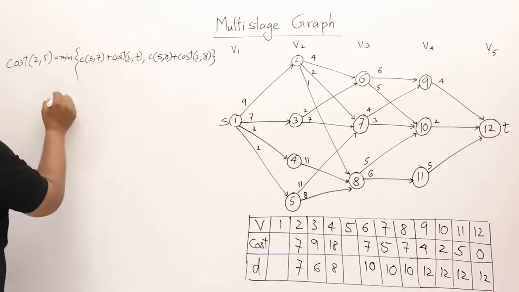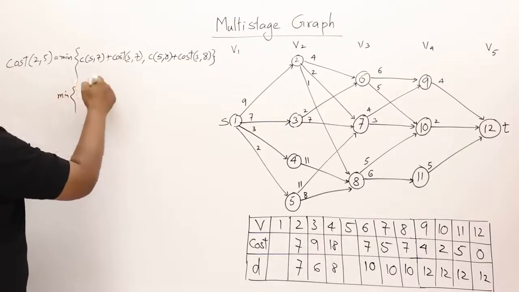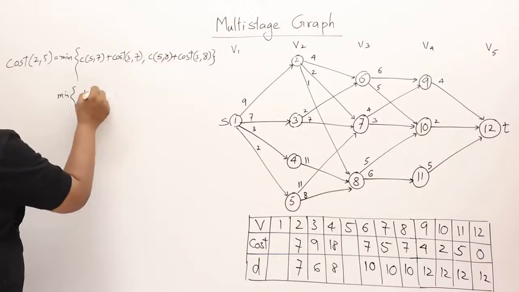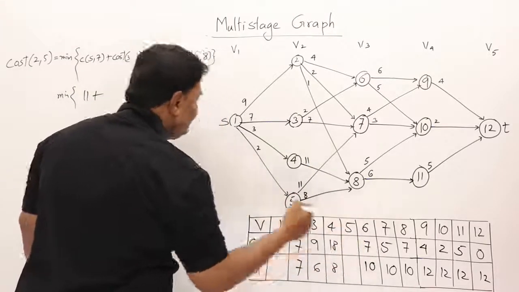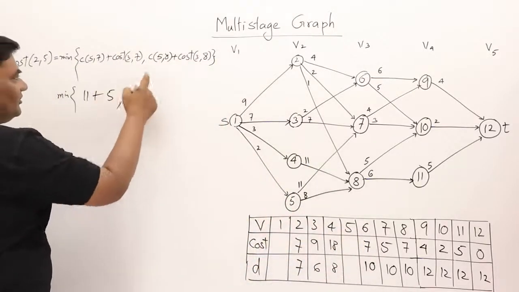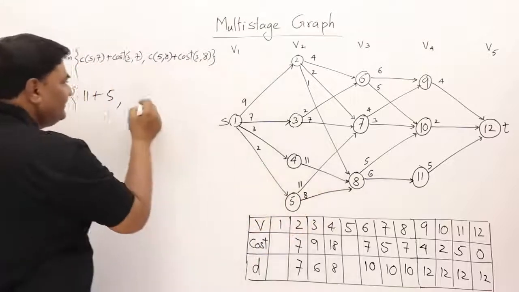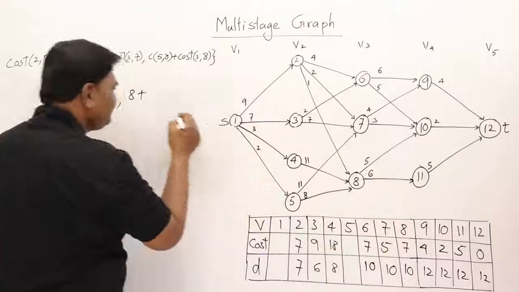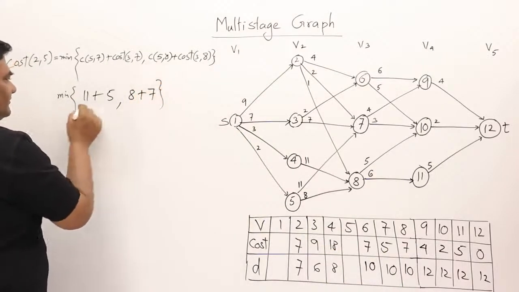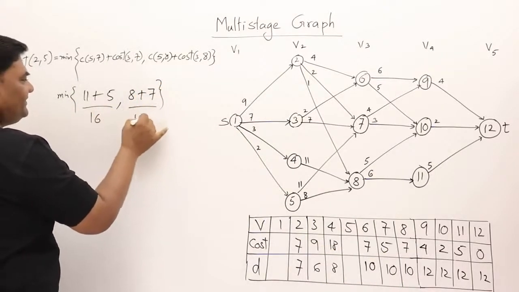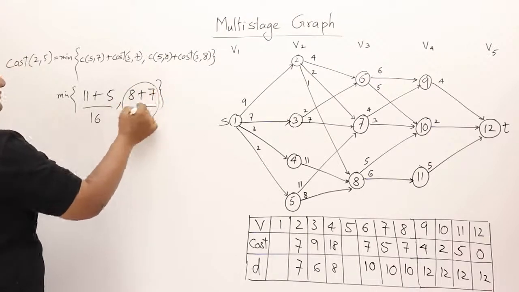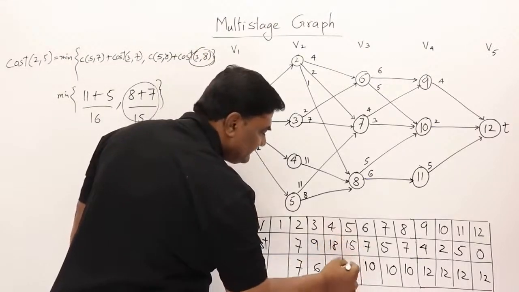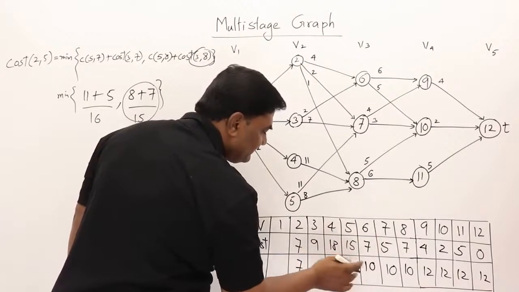So out of this, minimum of C of 5 comma 7 is 11 plus cost of 7 is 5, comma, this one is 8 plus cost of 8 is 7. So this is 16 and this is 15. 15 is smaller, and who has given this result? 8. So this is 15 and this is 8.